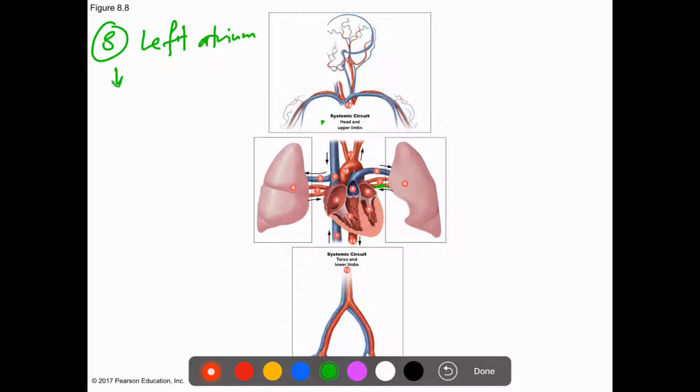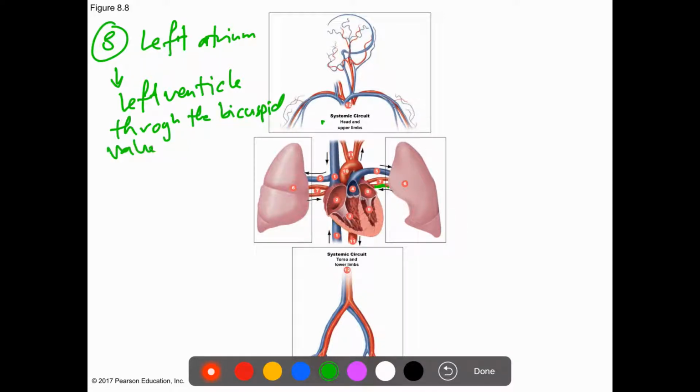From the left atrium, it will go to the left ventricle through the bicuspid valve, or the AV valve, which is this one, to the left ventricle, which is number 9.